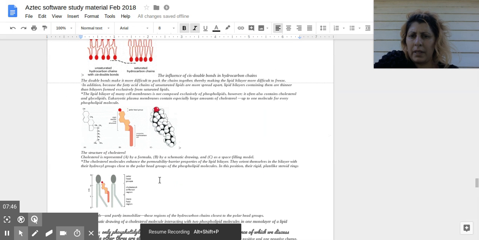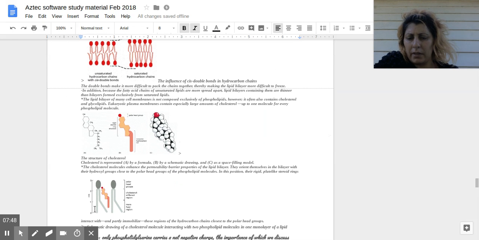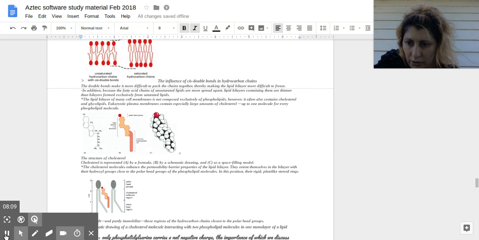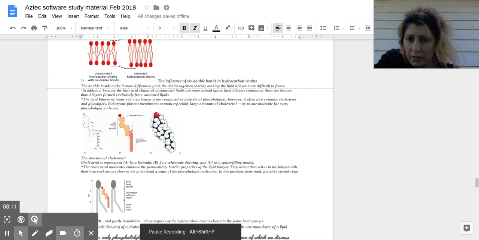Here we have cholesterol, which is a type of steroid molecule, embedded between the phospholipid molecules, showing the structural formula of cholesterol with the polar head group in red and the nonpolar section, which is the cyclic rings.